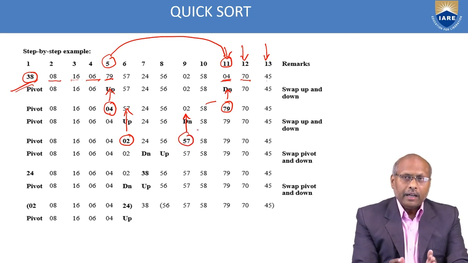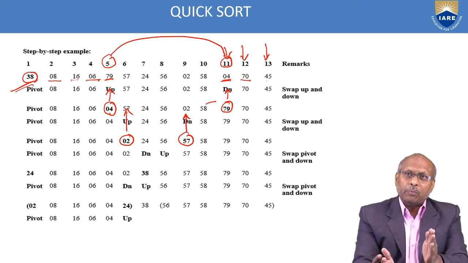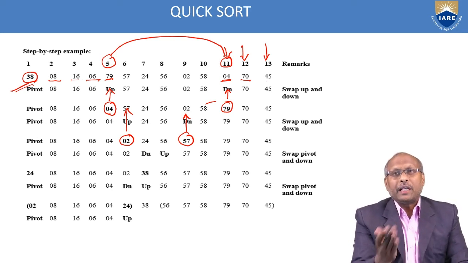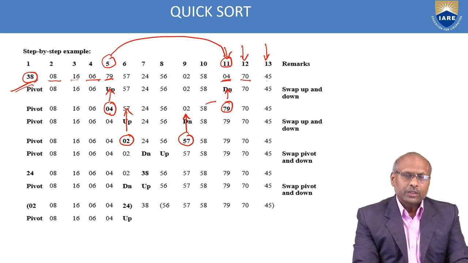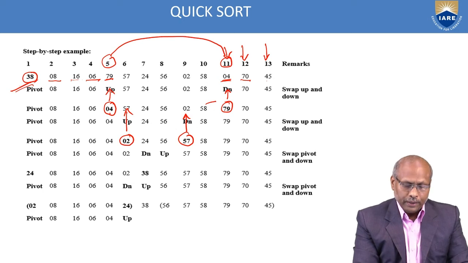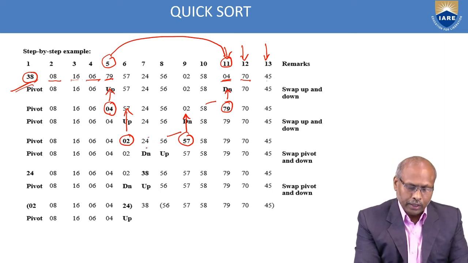But still, up is coming up and down is coming down. Whenever both cross each other, at that time it will swap the pivot element with down. So till now, it is in the middle only, still in the inner loop. Then again, 57 is greater than the pivot. 56 is greater than the pivot. When 24 comes, 24 is not greater than the pivot. Stop it. So down has stopped here.